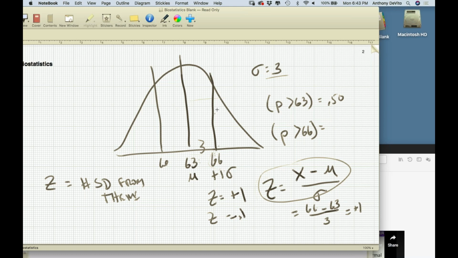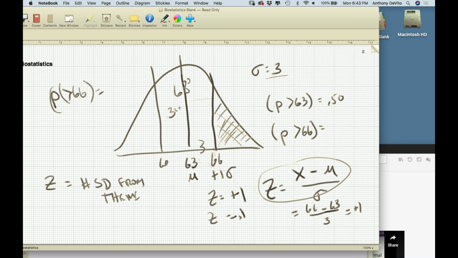So the question was, what percentage of this population, or what's the probability of randomly choosing someone that's above 66 inches tall, a woman that's above 66 inches tall? Probability of greater than 66 inches. What do we know here? We know that one standard deviation below to one standard deviation above is 68%.